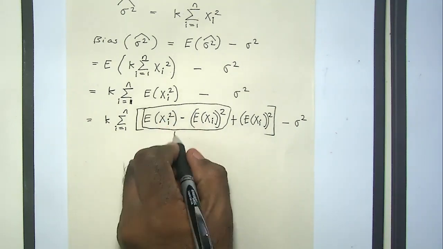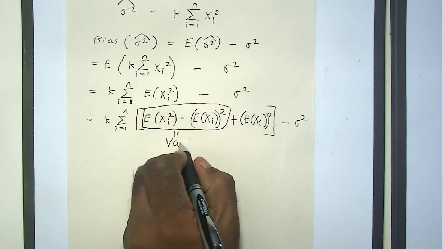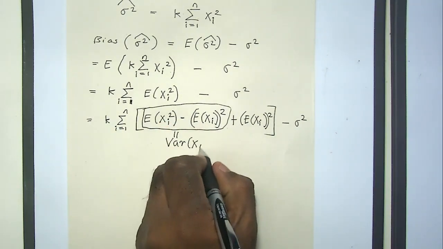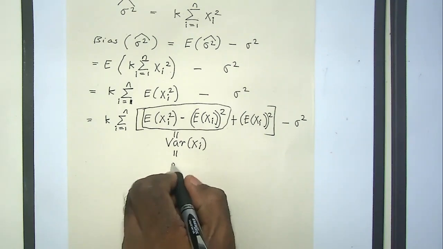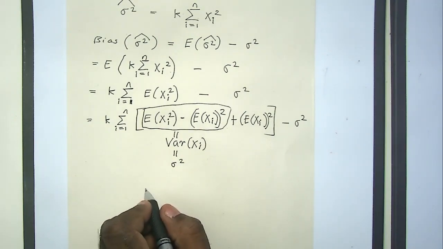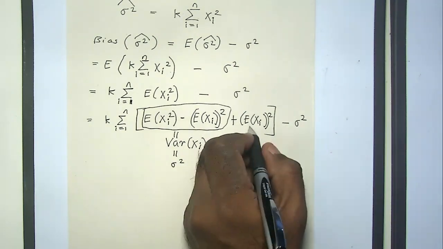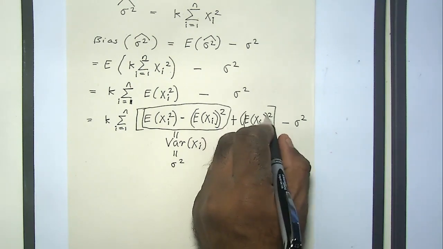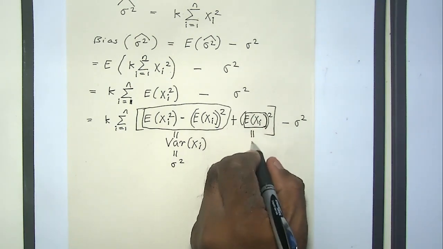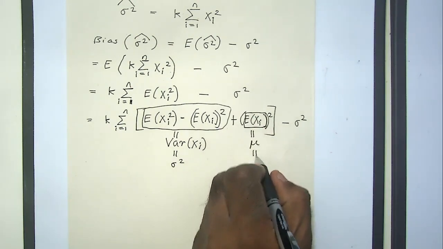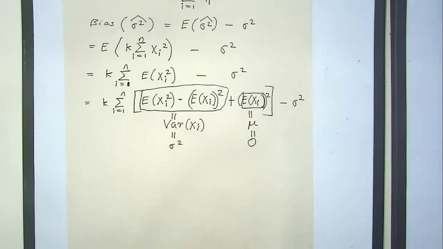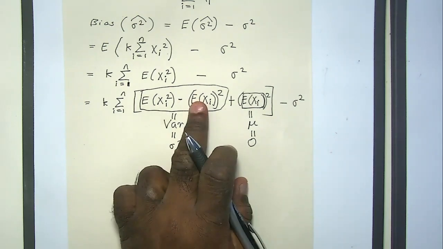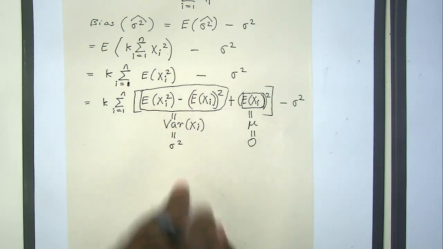This is the variance of xi, which is given to be equal to sigma squared. All right. And what can you say about this? This is mu, which is given to be equal to 0. Expectation of xi is the population mean, and this is the population variance, right, which is sigma squared.